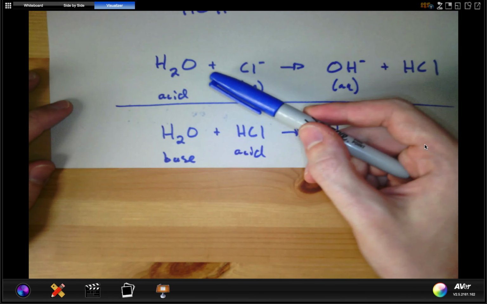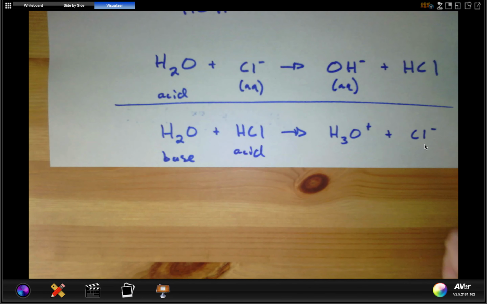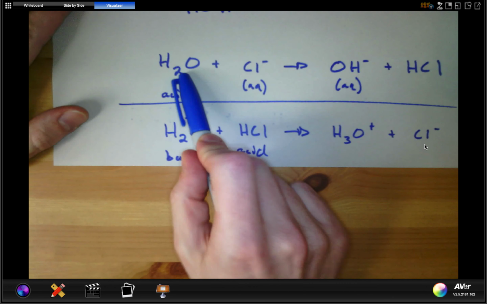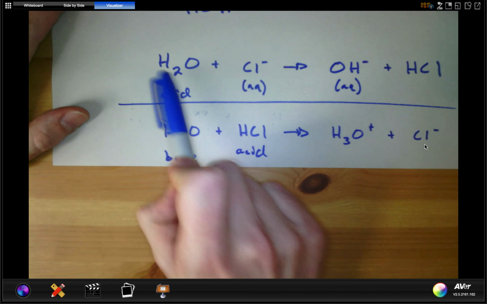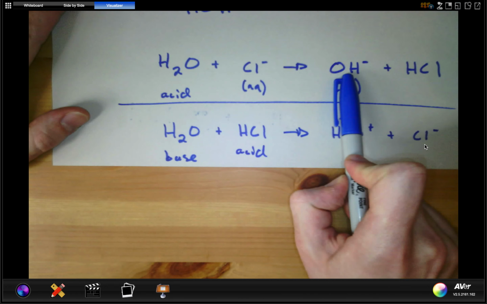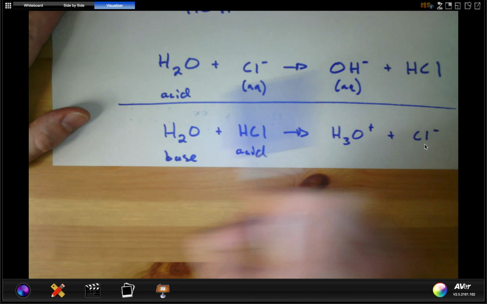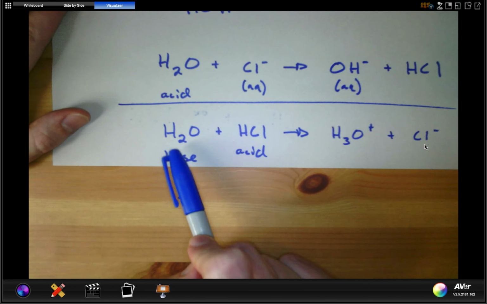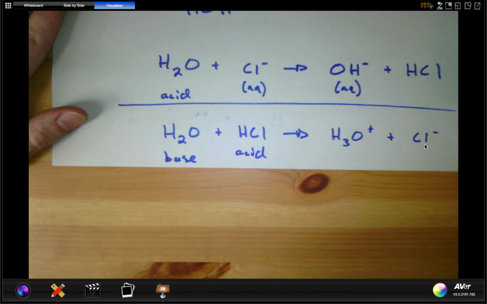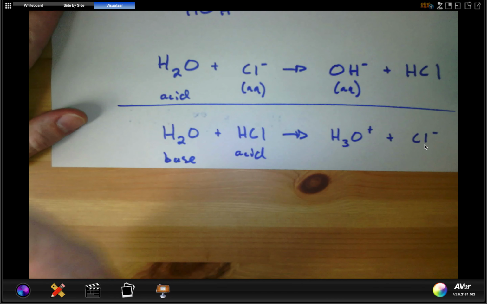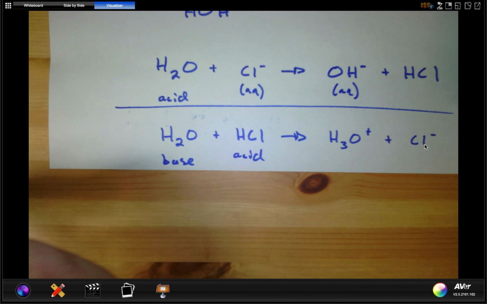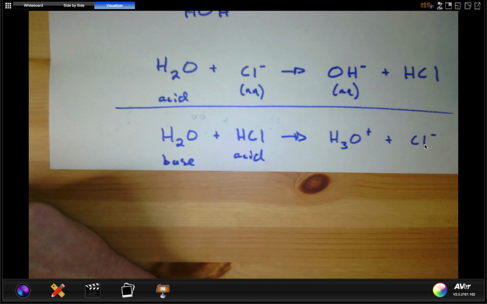No, because it could also be a base, or it could be neither, it could not even be an acid-base reaction. In this reaction, because it donates, because it loses that H plus to the chlorine, it's an acid. In this reaction, because it's gaining an H plus, it's a base. All right. Hopefully that illustrates the way we classify the Bronsted-Lowry acids and bases.